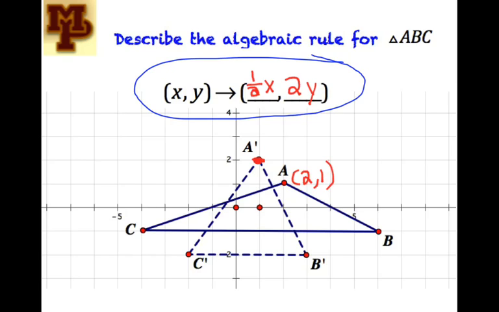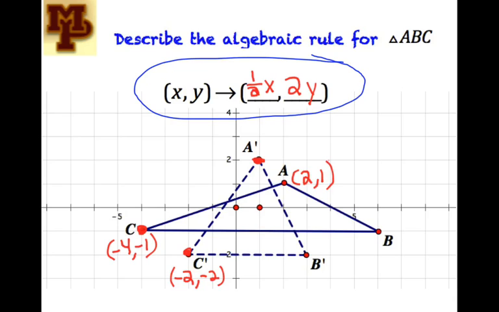So let's look at these other ones. This one here is currently, or at least it was, -4, -1. If we take half of the x, that would make it -2. And then if we multiply the y-coordinate by 2, that would be -2, -2. So boom, there we are.